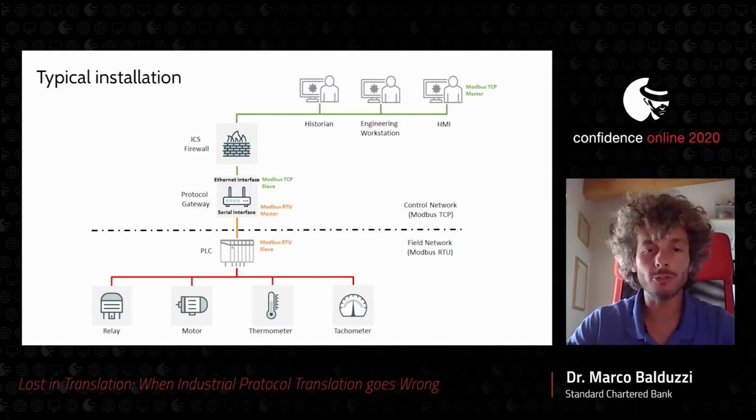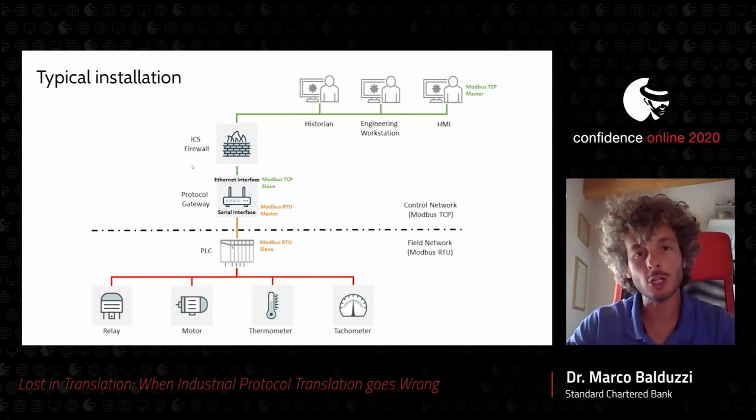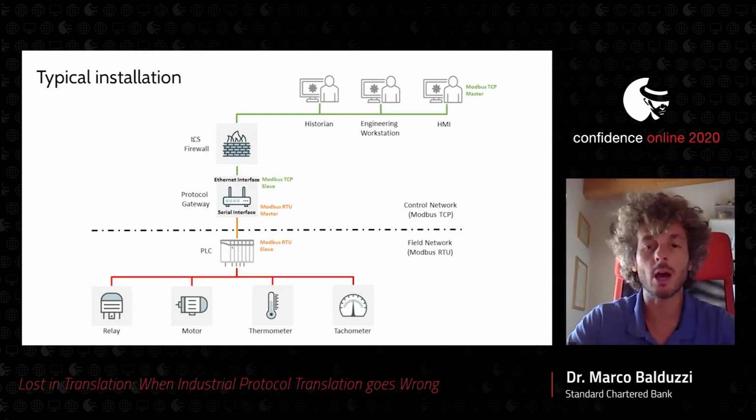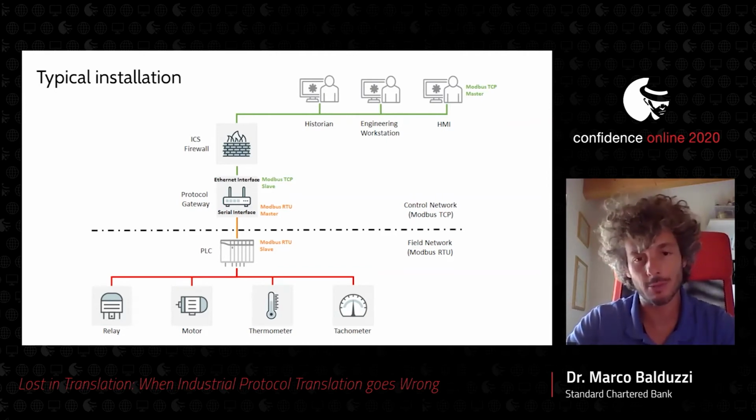What often happens in an installation is that there is an ICS firewall, which monitors the TCP/IP traffic, and in case there are operations that are not allowed, for example, setting the speed of a motor up to a value which is too high and might damage the motor, the firewall can basically stop such a request.